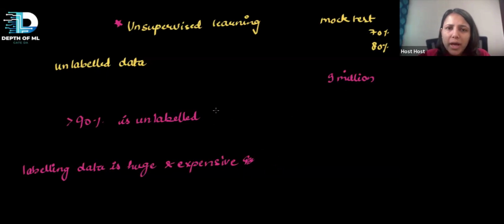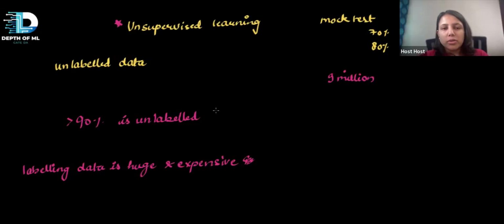If you don't have the labeled data, what will you do? You will basically try to use learning techniques like unsupervised learning, which gives you insight in data. And sometimes unsupervised learning is used to tag data or label data. So there are multiple paradigms, multiple ways unsupervised learning is used.